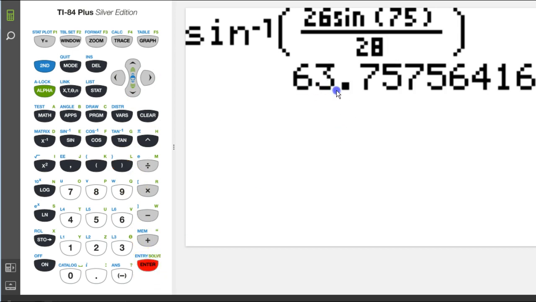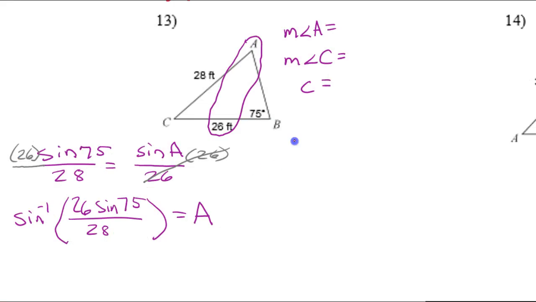So I'm getting 63.758 degrees. Okay, so that's the measure of angle A.